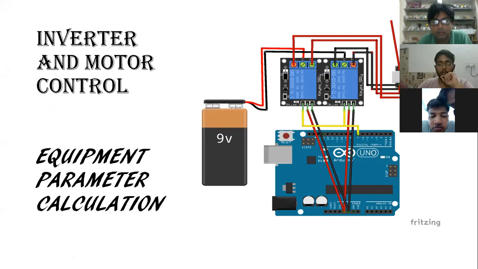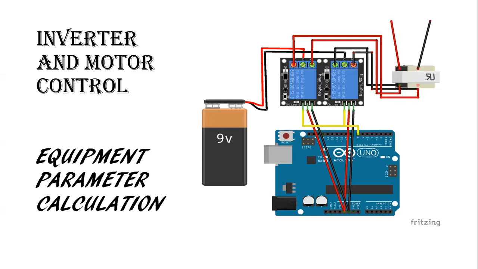Good evening, everyone. In continuation of our project Inverter and Motor Control, after generating inverting pulses with and without introducing dead time, we came to a stage where we will be calculating the parameters of the equipment we are going to use in our experiment.